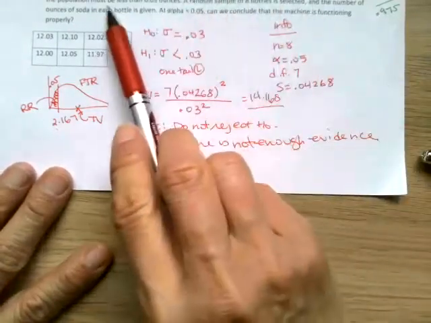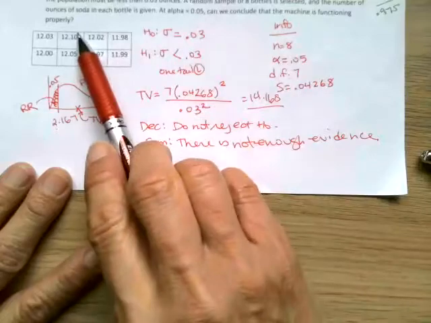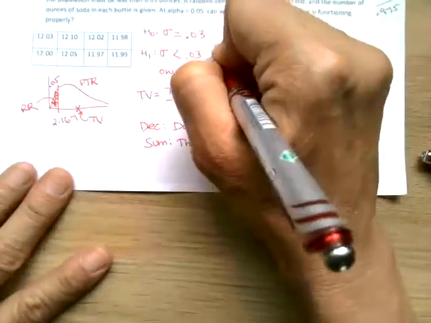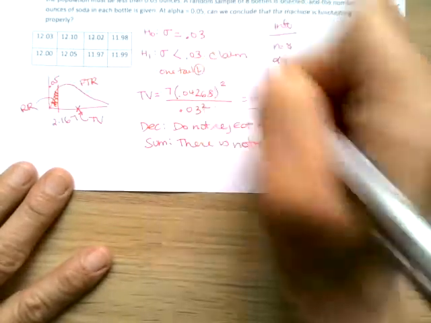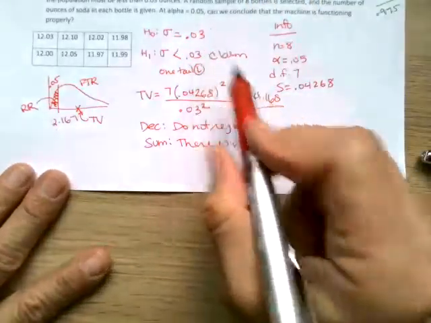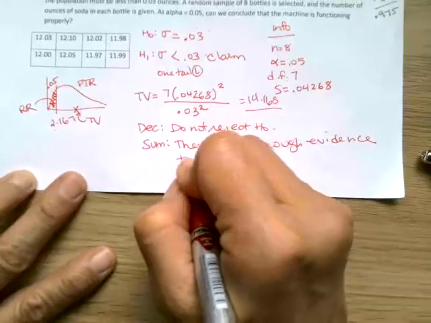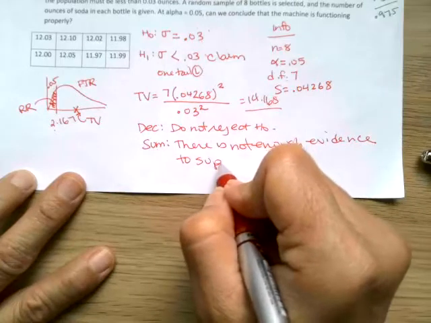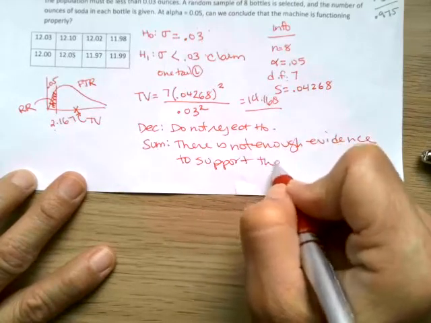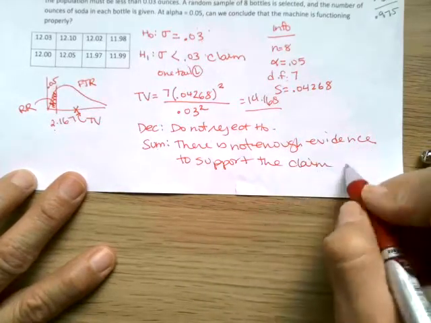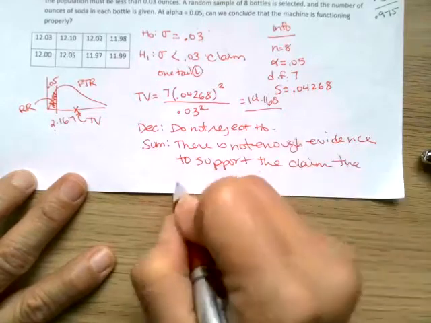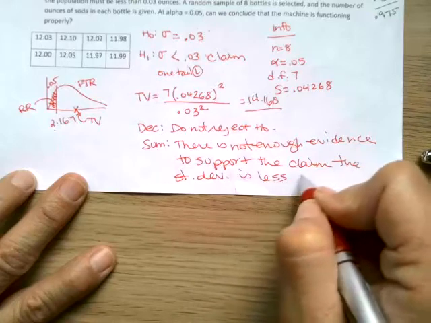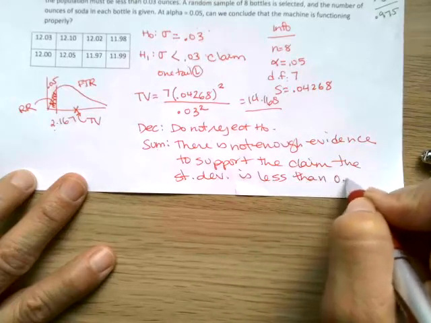Can we conclude the machine is functioning properly? So it's functioning properly if it's less than, so I'll go ahead and make that be my claim. Do not reject the null. There is not enough evidence, so we can't support the claim that the standard deviation is less than 0.03.